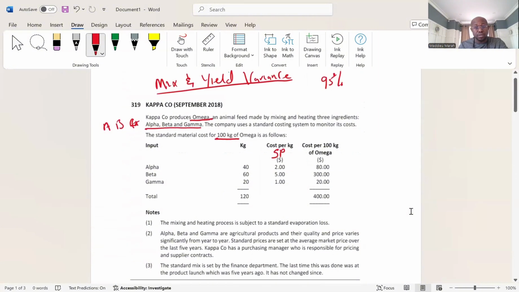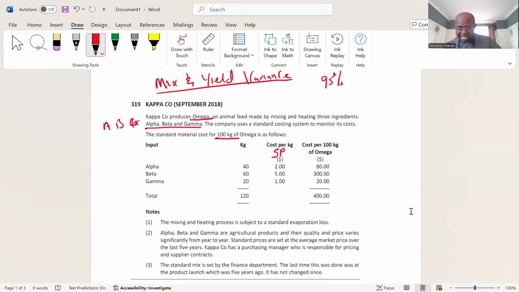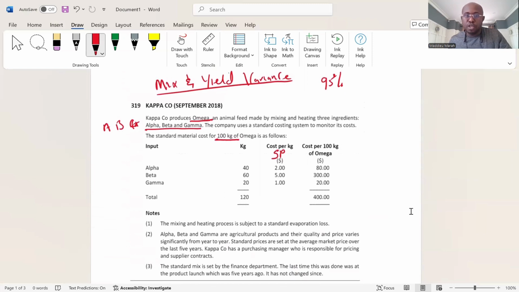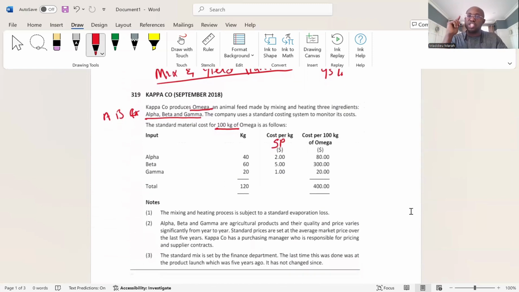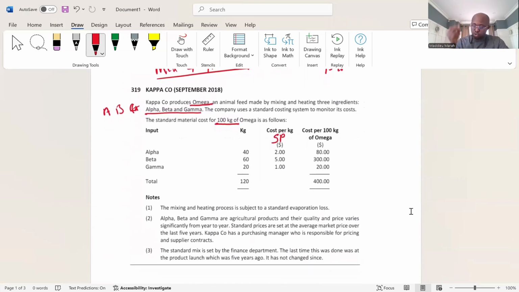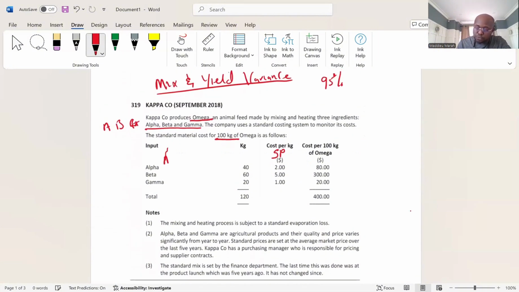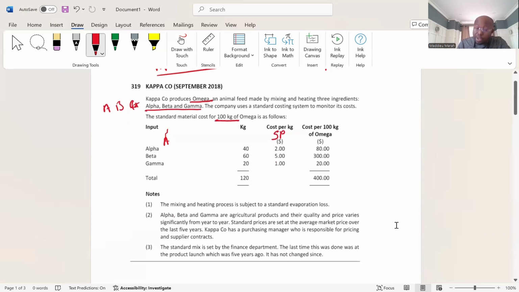We are told that the standard material cost for 100 kg of omega is as follows. So my standard usage for alpha, which is A: pay attention here.